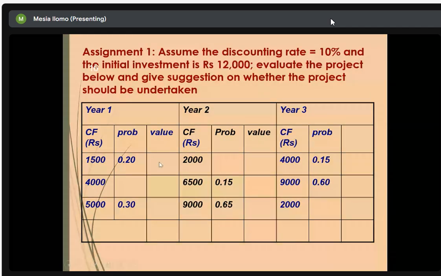And then you compute the values by doing what? How do you compute the value here? You multiply the cash flow times the probability. Okay, so what is the value here, for example? 300. Okay, so you do the same for all the cash flows.